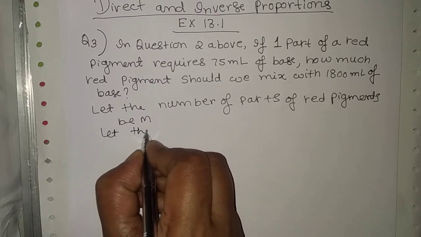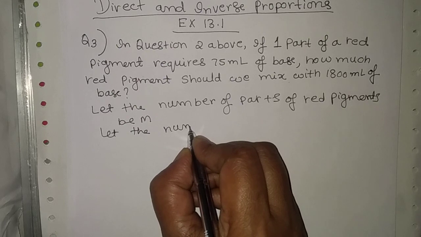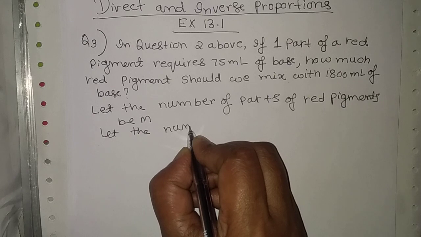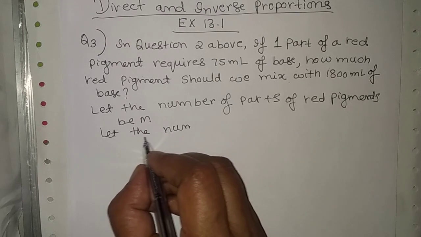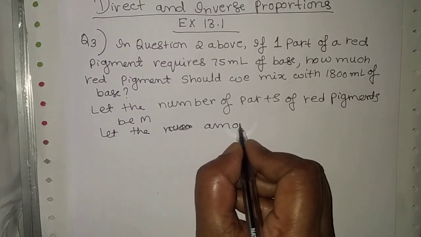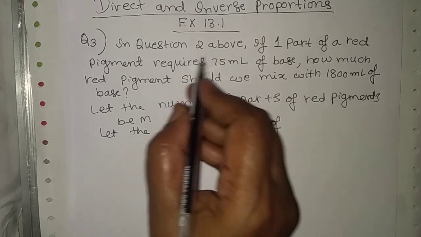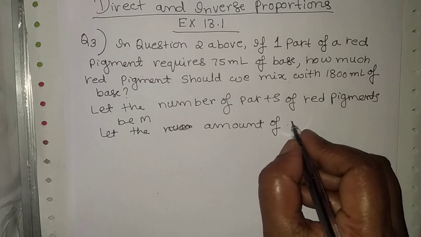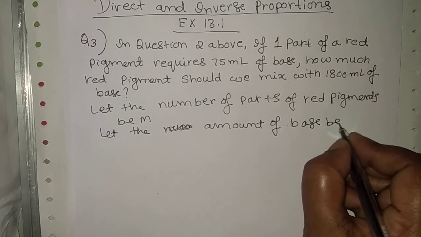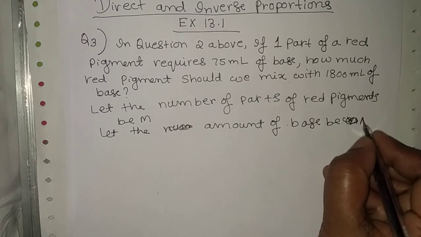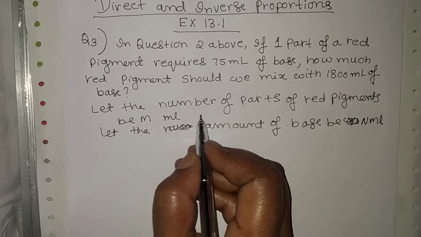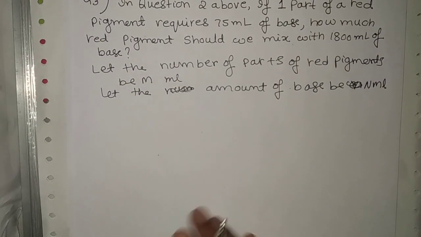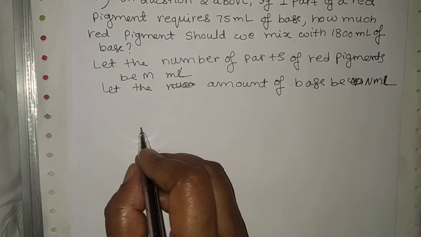Let the number of parts of the red pigment be m, and the amount of base, here we are taking in ml, we'll take as n ml.